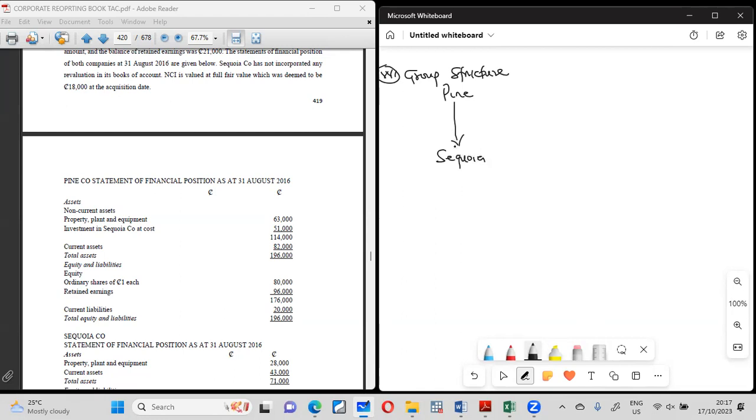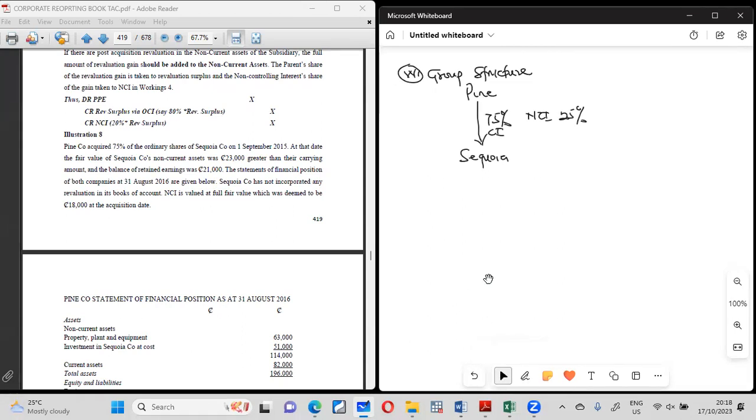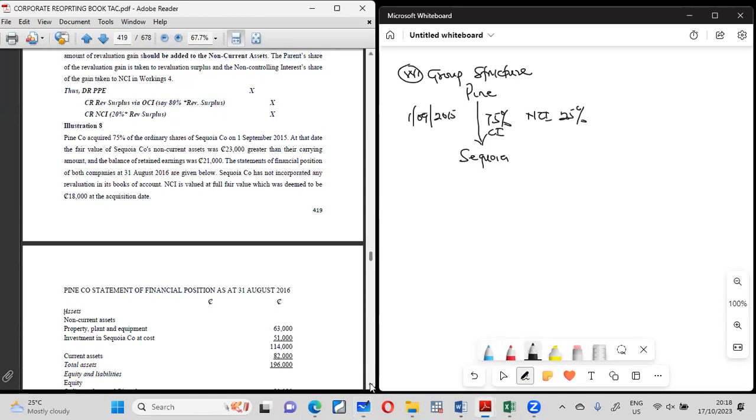Now, what is the percentage of ownership? 75%, so NCI will be 25%. And what is the date of acquisition? 1st September 2015. Now you come and look at the requirements of the question.